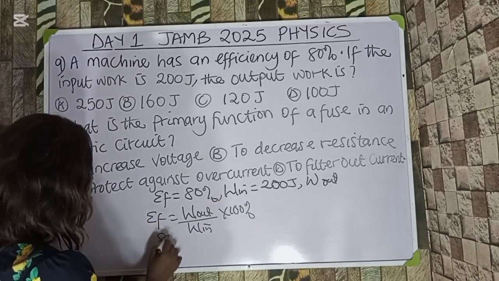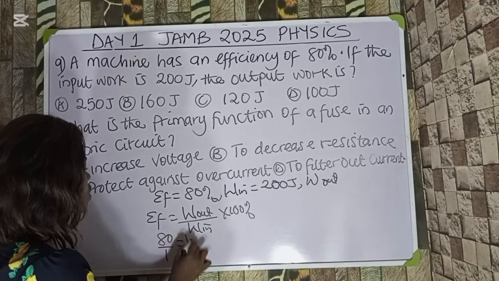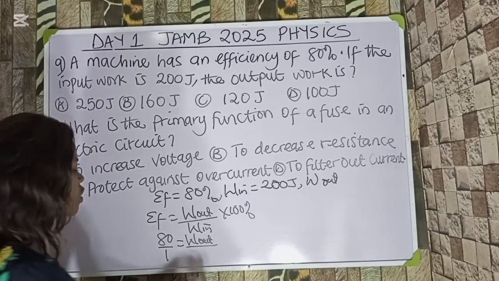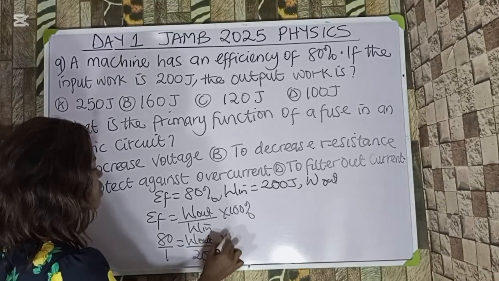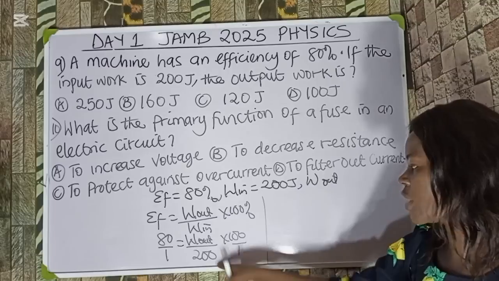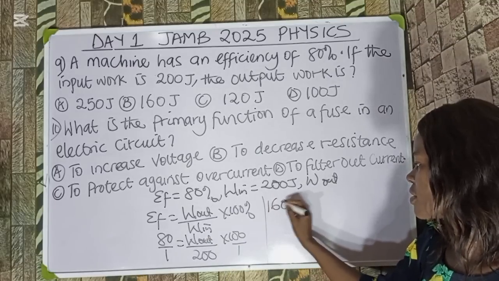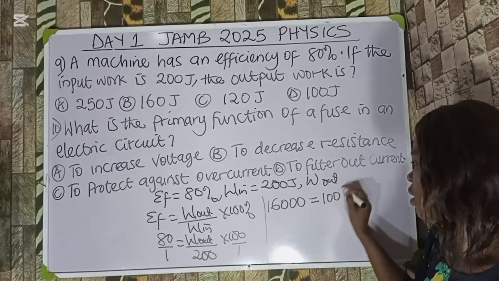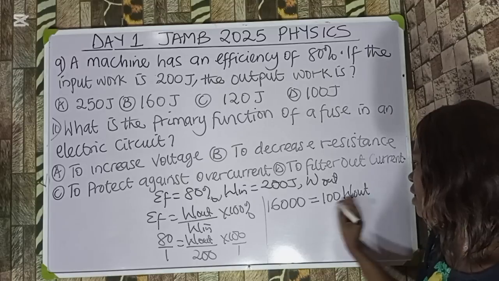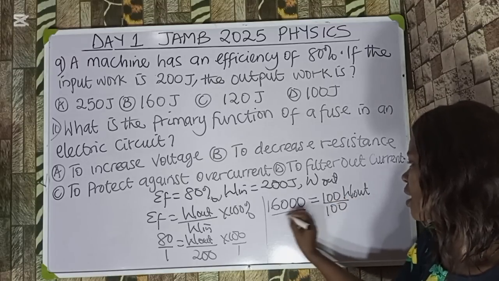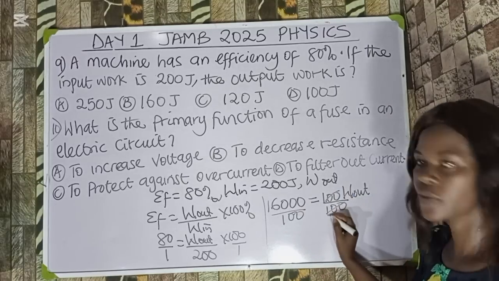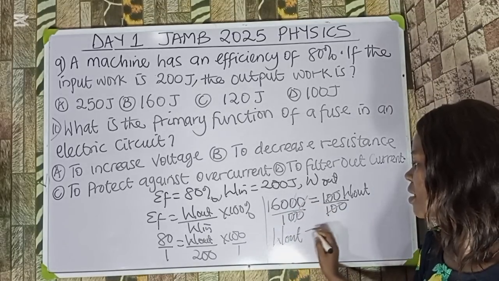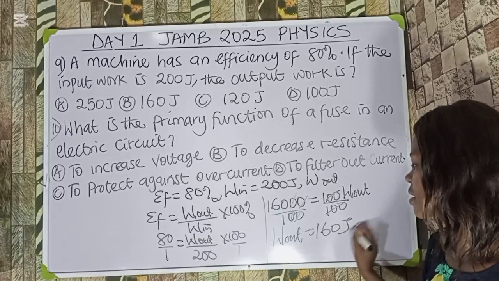My efficiency is 80 over 1 equals the work output all over the work input, which is given as 200, times 100 over 1, right? 200 times 80, that is 16000, equals 100 times work output. Then I divide both sides by 100. This cancels this. So my work output is equal to 160 joules.